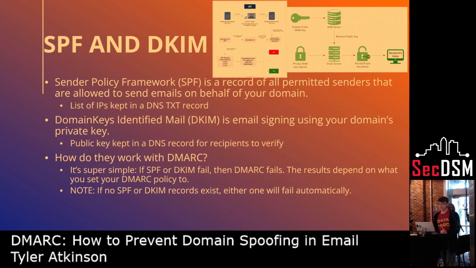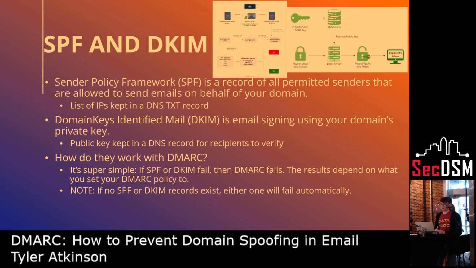SPF is the Sender Policy Framework, which is a record of all the permitted senders that are allowed to send emails on behalf of your domain. This is a list of IPs that are kept in a DNS text record, wherever your DNS records are kept. Domain Keys Identified Mail, or DKIM, is email signing using your organization's private key.